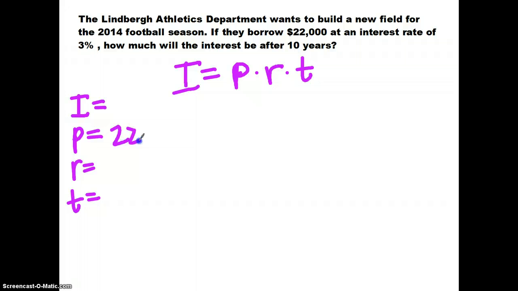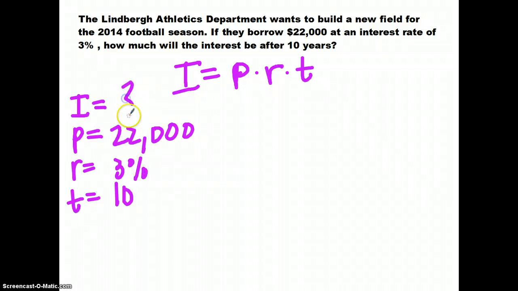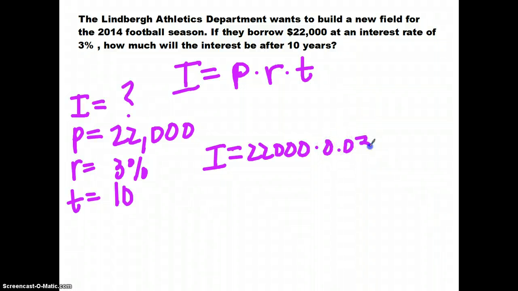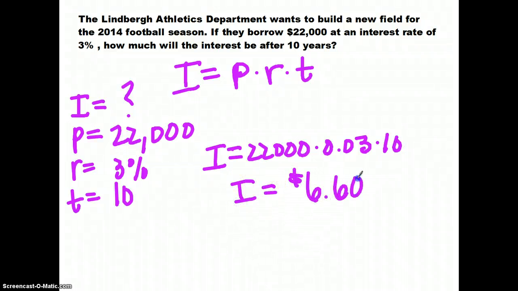They borrowed $22,000 for 10 years at a rate of 3%, and we're trying to find the interest. So you plug all those numbers in, and you have I equals 22,000 times my rate as a decimal times my years, and my interest ends up being $6,600.